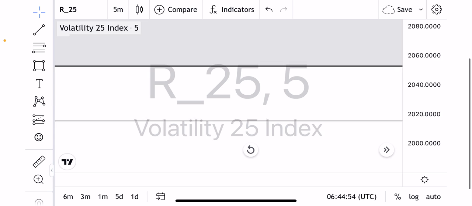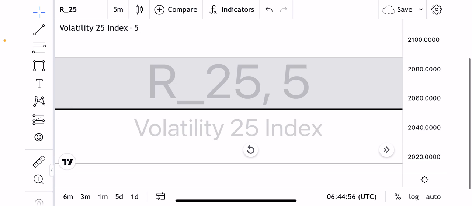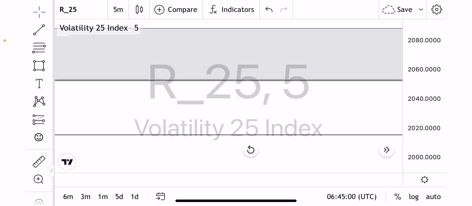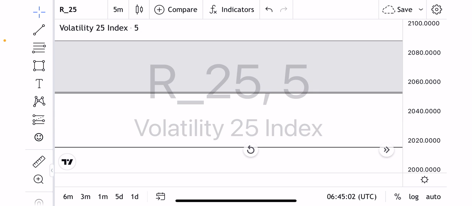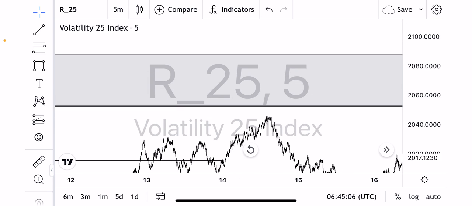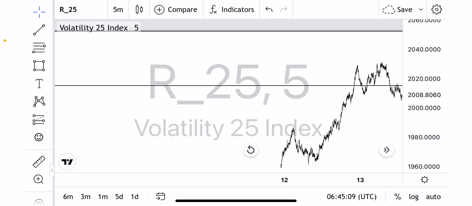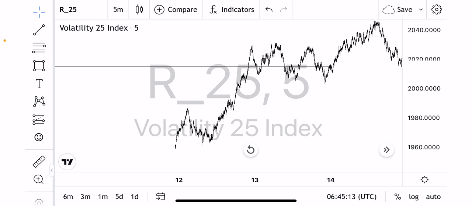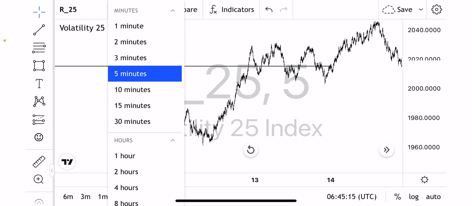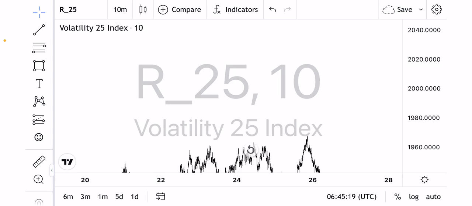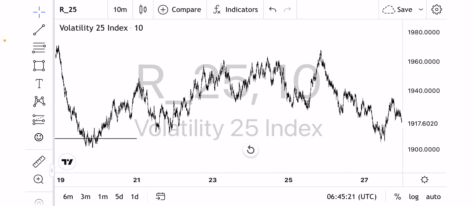Hold on, guys. Now I am using previous data to make an explanation to you so that you can understand. Exactly, guys, so that you can understand. We have the 5 minutes time frame here. Hold on.